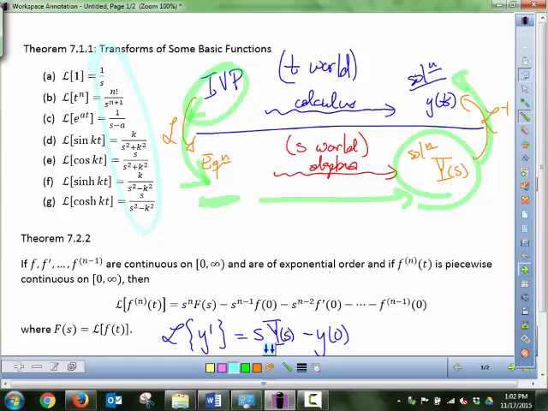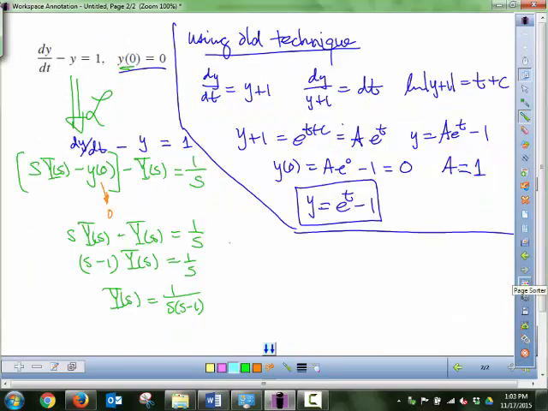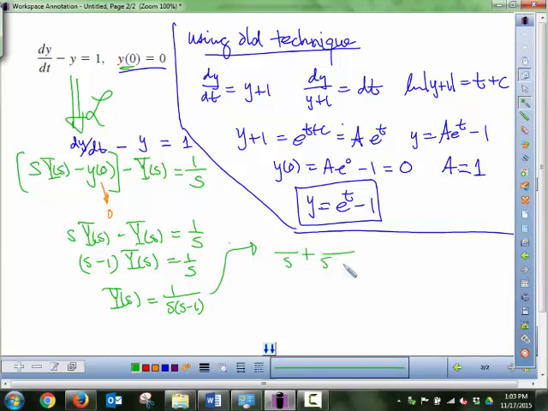But this is still algebra. With some algebra, what we can do is we can maybe separate this. Right? Do you remember doing that sometime in your math careers? So that is partial fractions. We're doing a partial fraction problem.